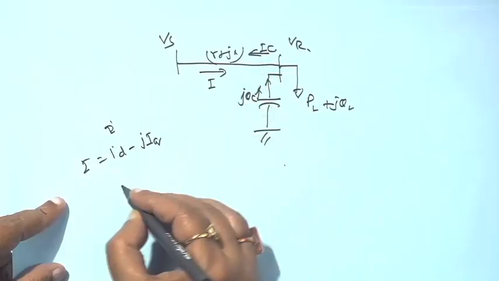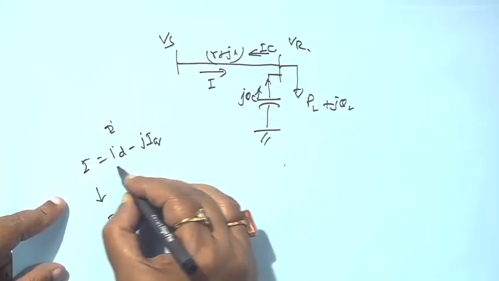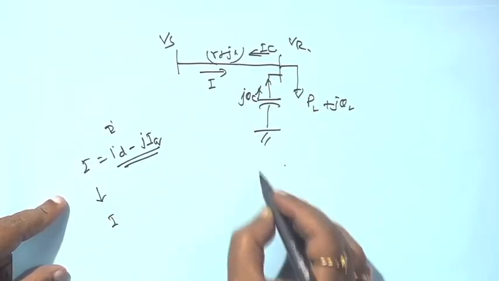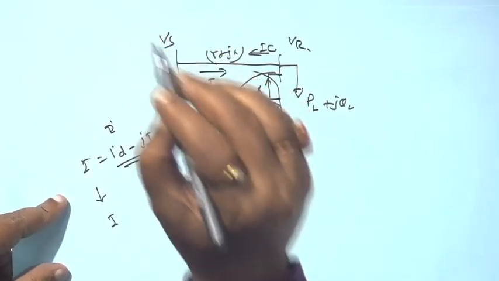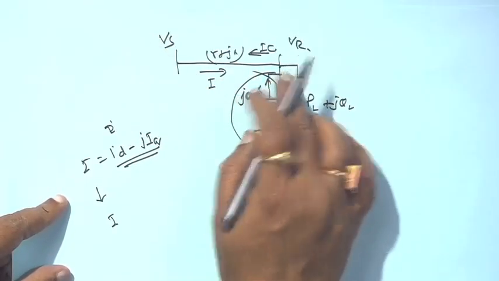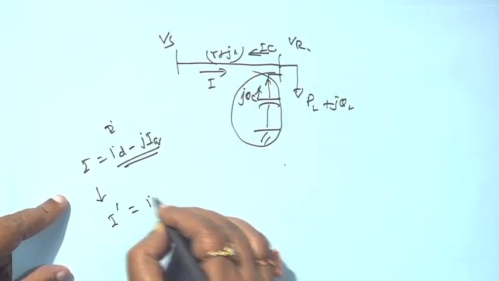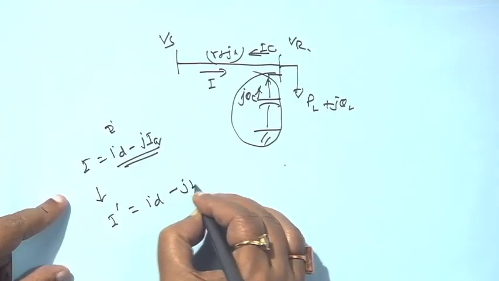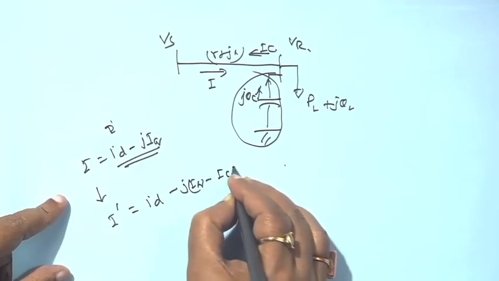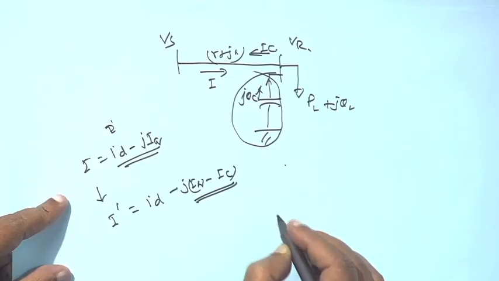That means, as soon as you put the shunt capacitor, compared to when the shunt capacitor was not there, I dash will be I d minus j I q minus I c, because there is this much reduction, right.